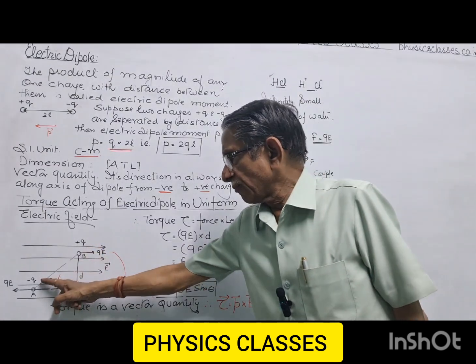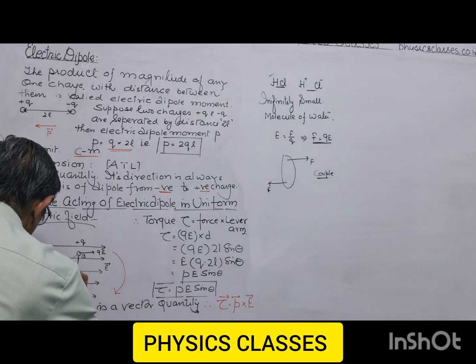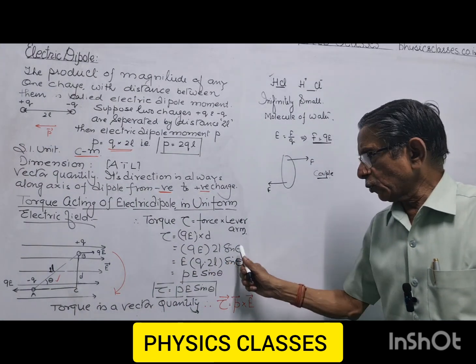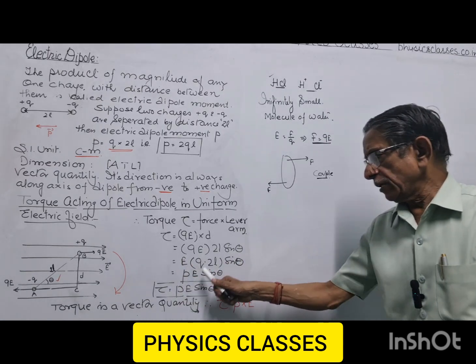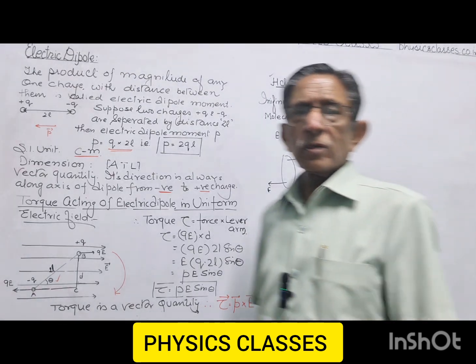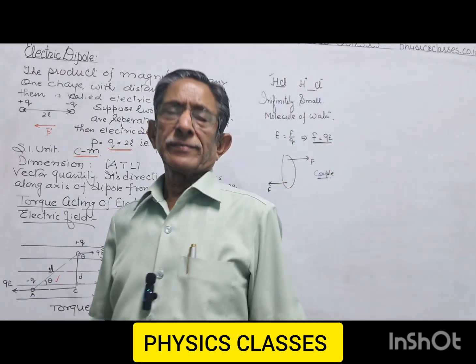This is 2L. So torque is equal to QE into 2L sin theta, or we can write torque is equal to PE sin theta. So the expression for torque comes out to be torque is equal to PE sin theta.